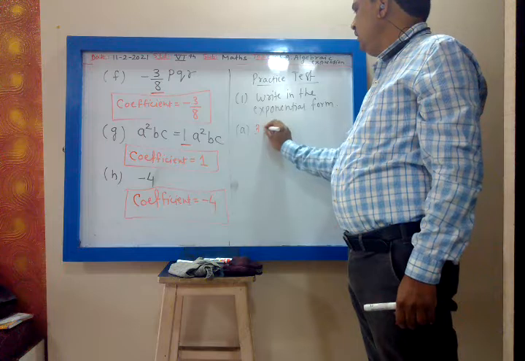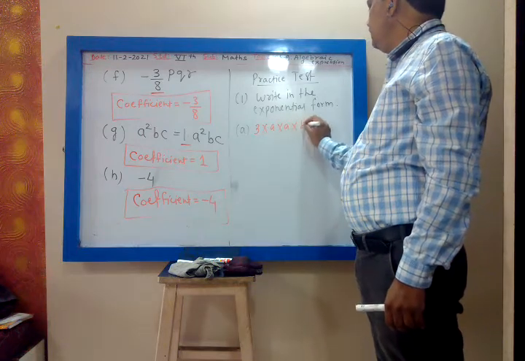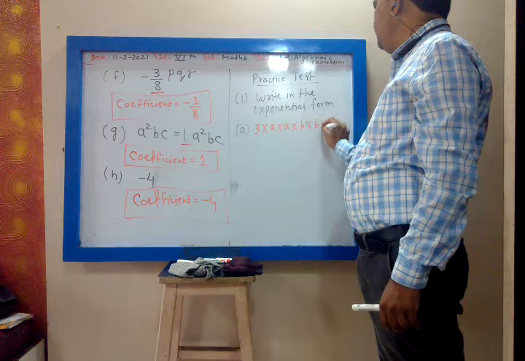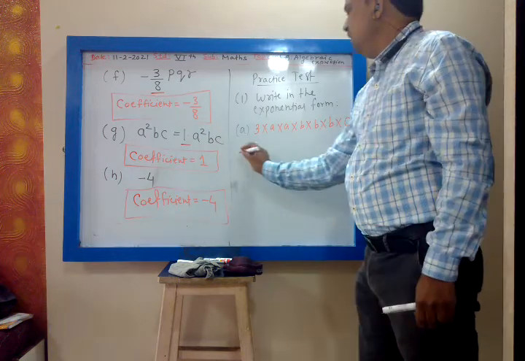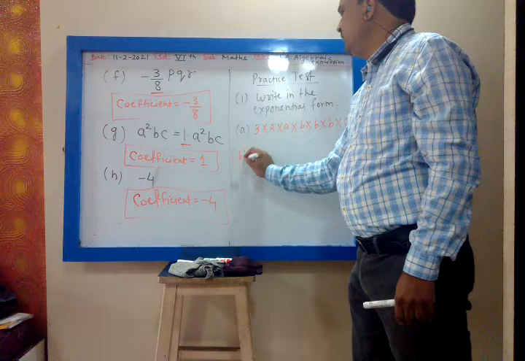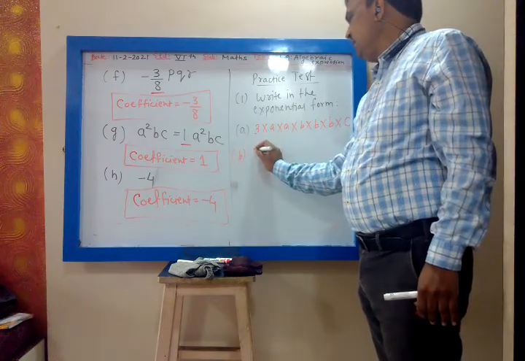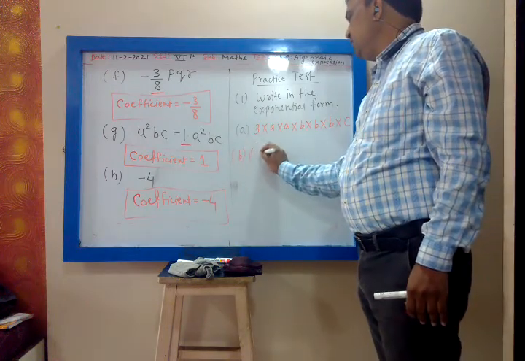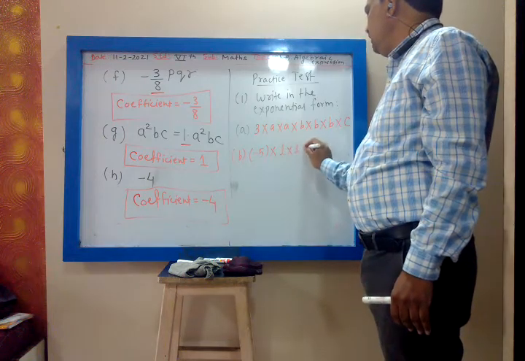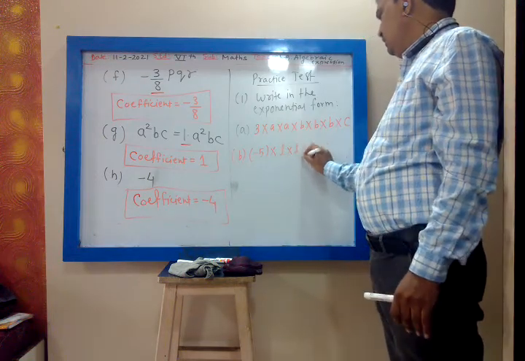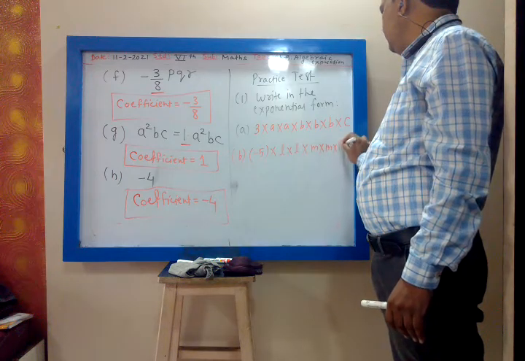3 into a into a. B into b into c. Then b, minus 5 into l into m into m into n into n.